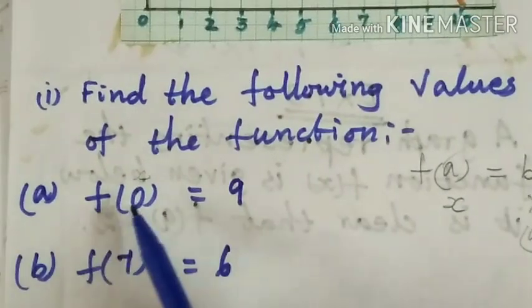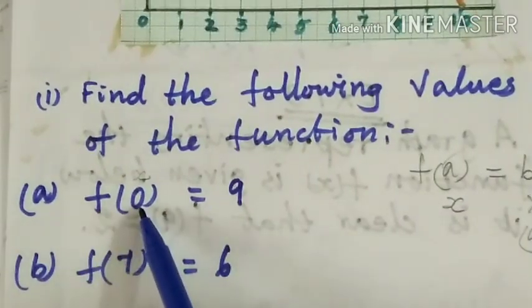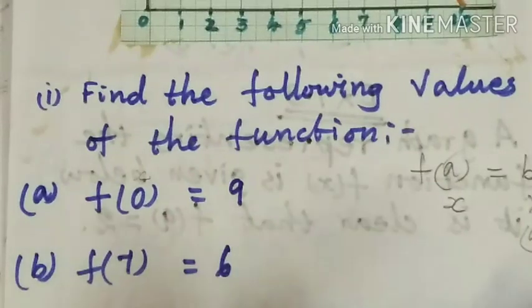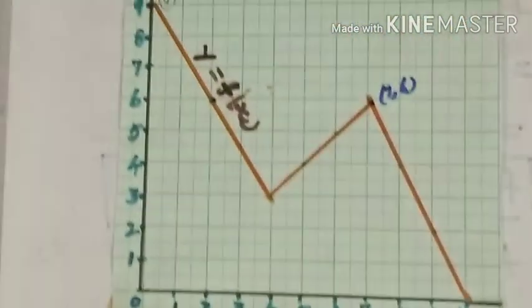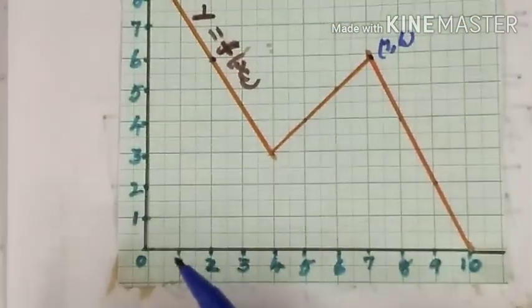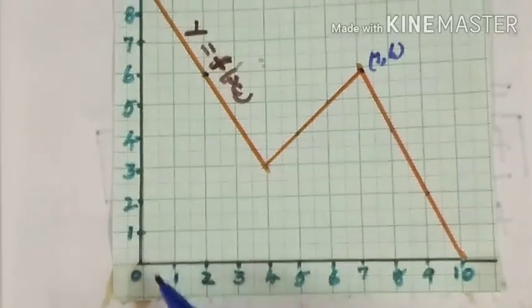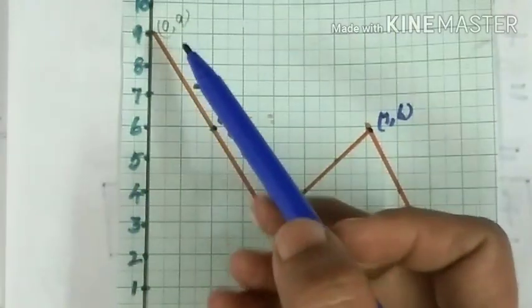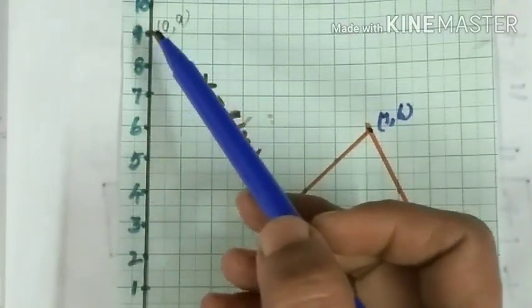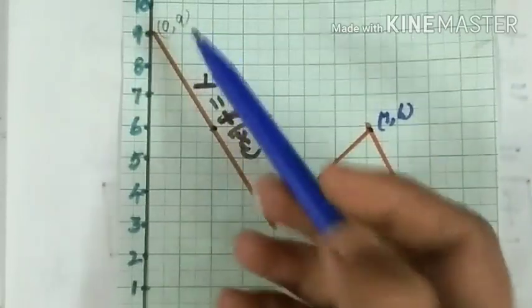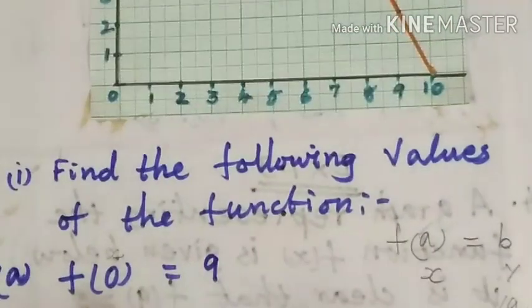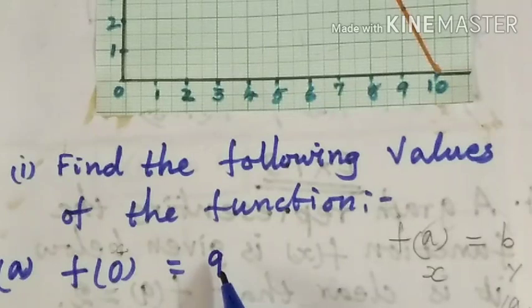Now you find the value of f of 0, that is 9. How you find it? See the graph. F of 0, 0 is x coordinate. So this point 0 intersect the graph at 9 in y coordinate. Therefore, the value of f of 0 equal to 9.